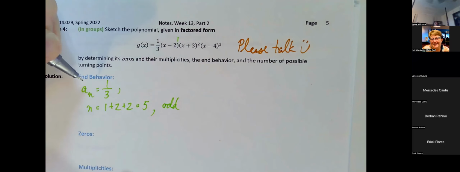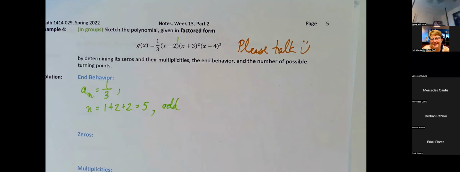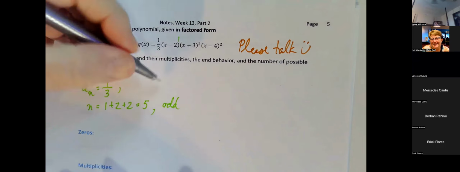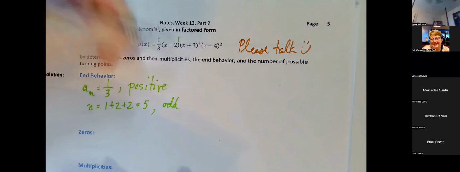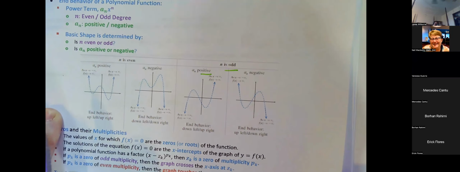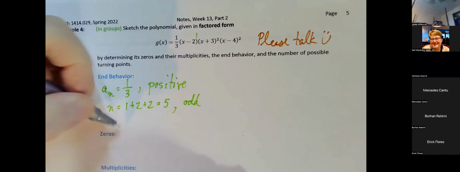So from there, we know that the a, the alpha, is positive, basically the 1/3. And then we just know what our end behavior for that would be: going down left and going up right.